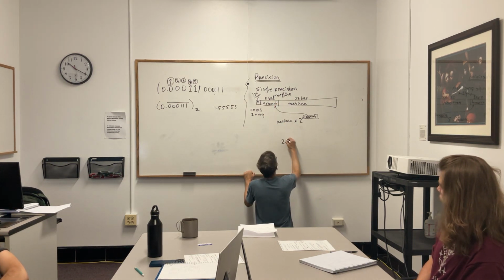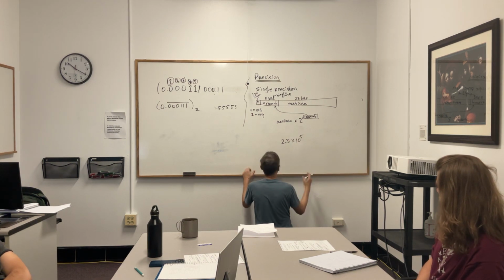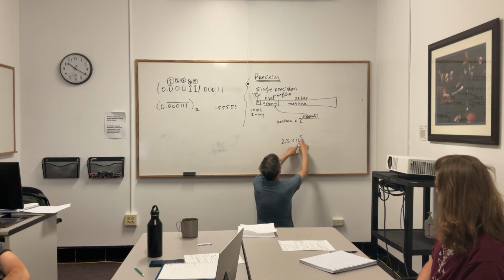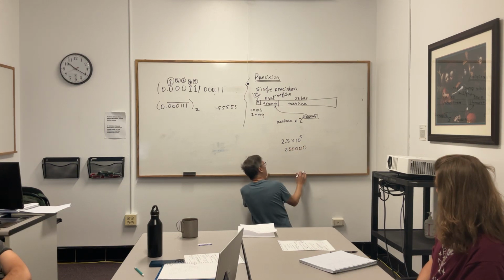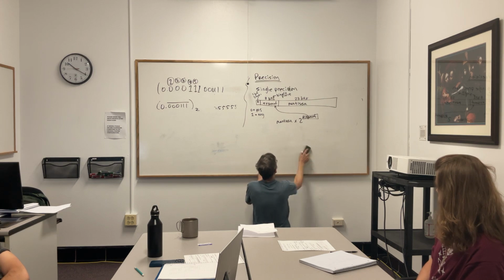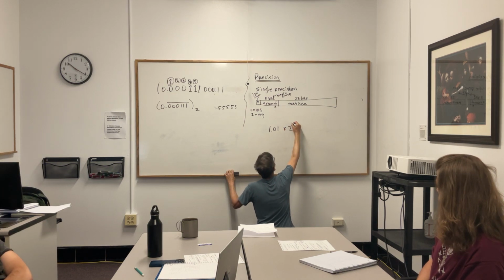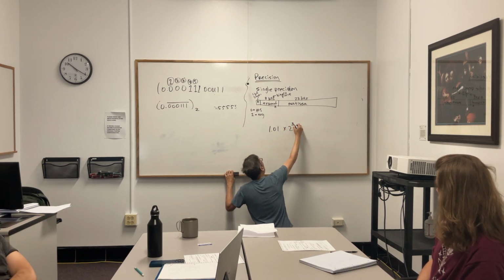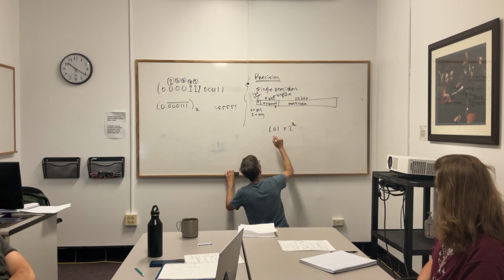If I had 2.3 times 10 to the 5th, you know that means take this decimal point and shift it 5 places to the right. Well, in binary, we're going to do this exponential notation. So for example, if I have 1.01 times 2 to the 3rd, this is just the shifts. If it's positive, shift right. If it's negative, you shift left.